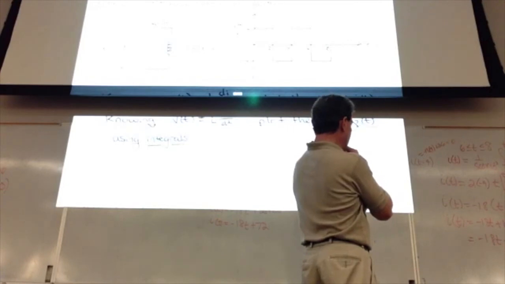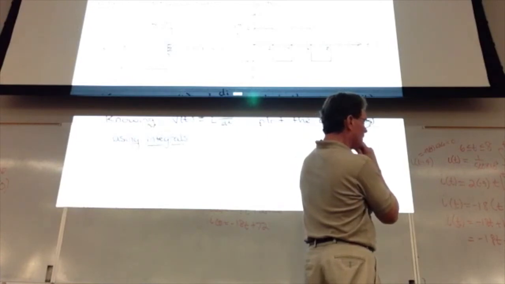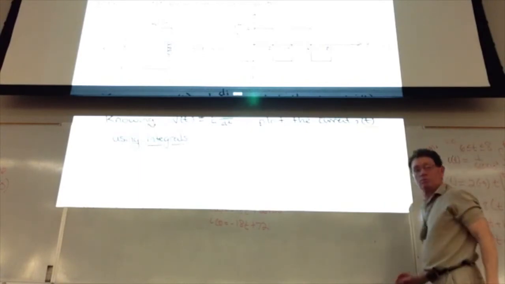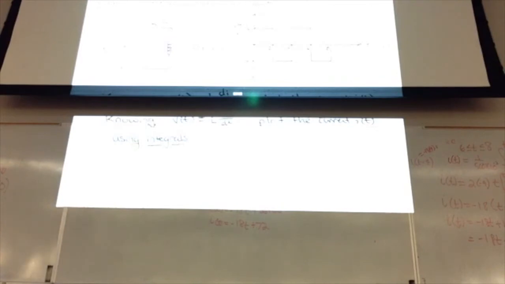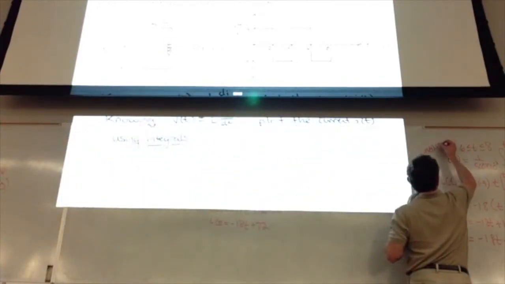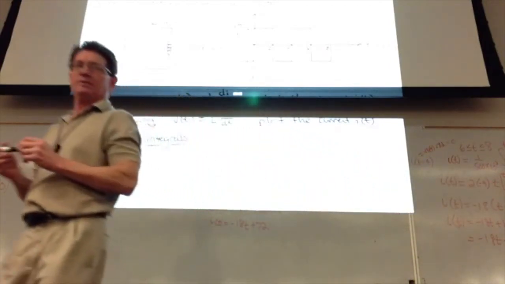I'm supposed to be using this, right? This should be 72. Sorry. Thank you. That's a 72 there. Yeah, I do make a mistake. That's 72. Make sense? All right?